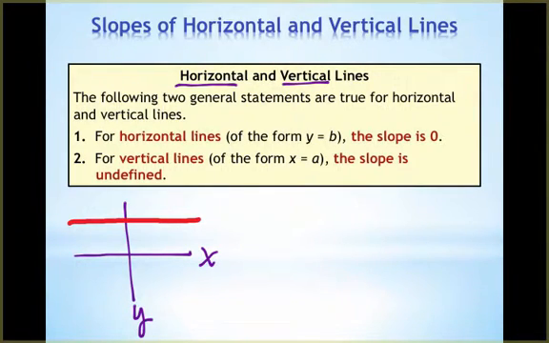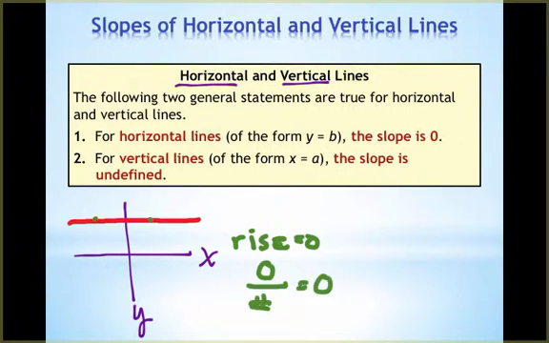Notice that if I pick 2 points that are on that line, and I look at the slope between those 2 points, if I do rise over run, the rise on this is 0. So when I do rise over run, I'm going to get 0 over some number, but that's 0. And notice that when you have a horizontal line, the slope is 0.